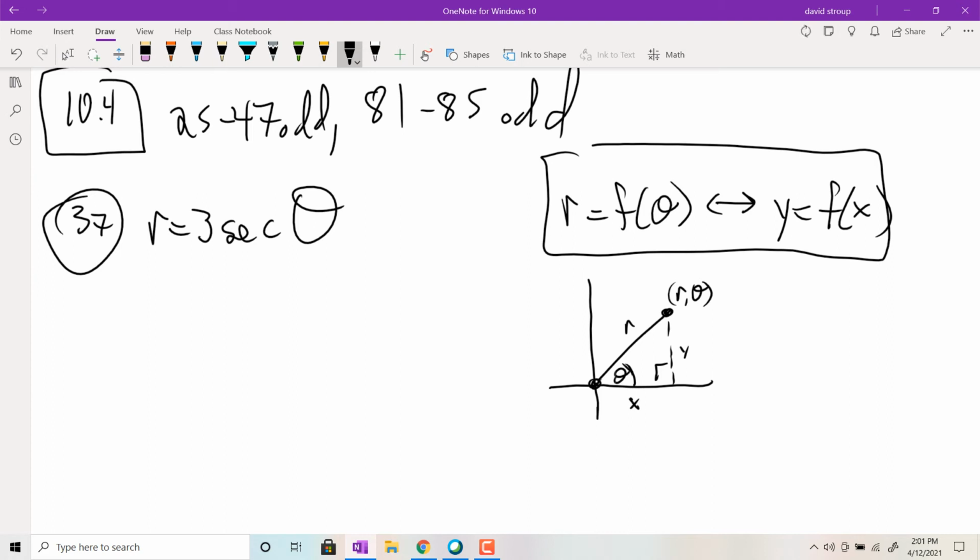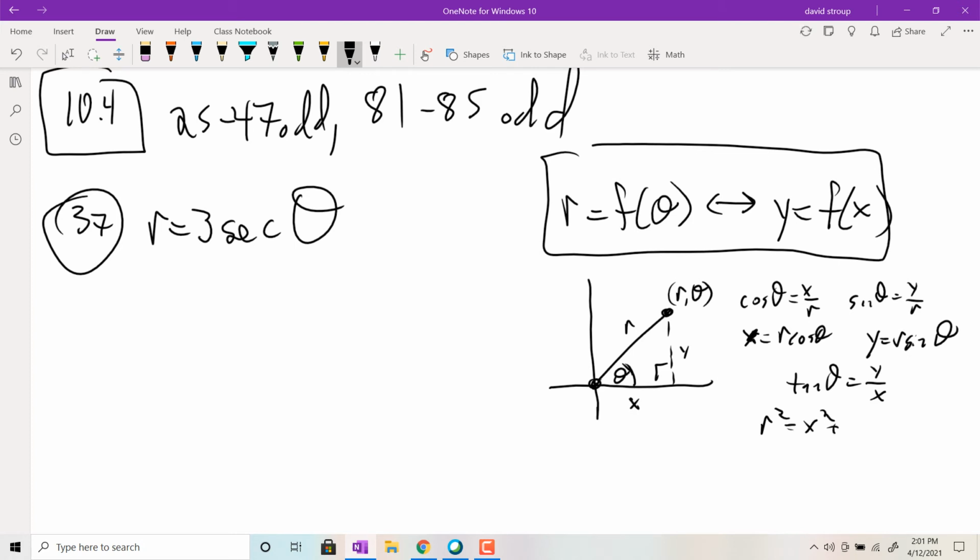Then you could always say, cosine of theta is adjacent over hypotenuse, so x is r cosine theta, and sine of theta is equal to y all over r, so y would equal r sine theta. And of course tan of theta would equal opposite over adjacent, and r squared is x squared plus y squared.